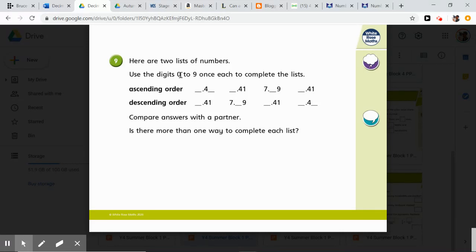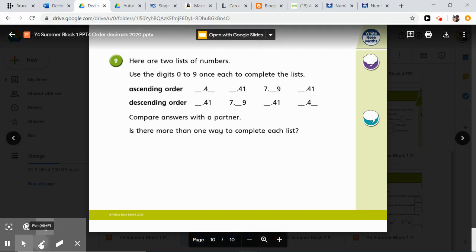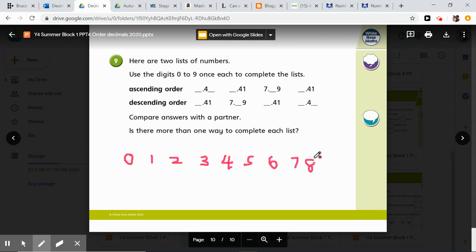However, you can only use the digits 0 to 9, which means, I get my pen, you've got 0, 1, 2, 3, 4, 5, 6, 7, 8, and 9. So you can only use these digits, and you can only use each one once.